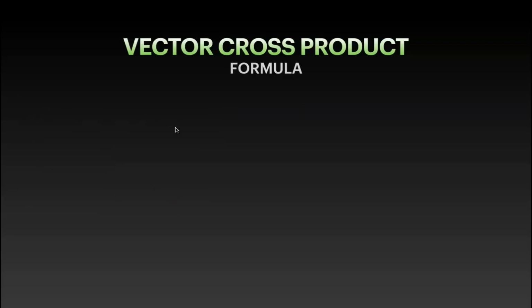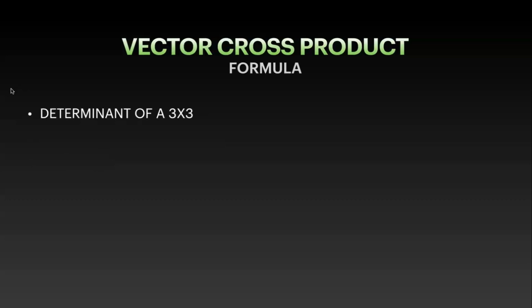Before going to the formula of the vector cross product, you need to learn about something called the determinant of a 3 by 3 matrix. Assume you have rows x1, x2, x3; y1, y2, y3; z1, z2, z3.